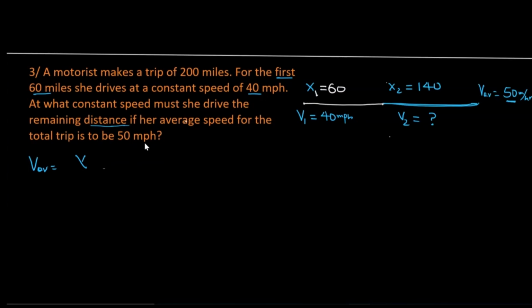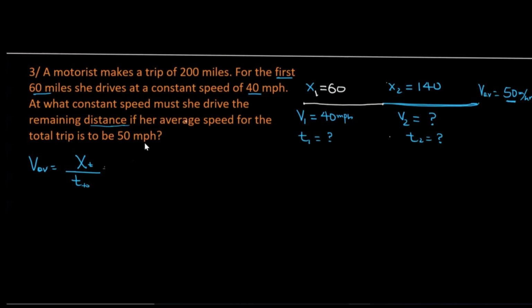x total over time total. The total distance covered by the motorist over total time is going to be the average speed. The average speed is known, and I know the distances, but I don't know the times. So t1 is unknown, which I can find from the first trip, and I don't know t2, how long it's going to take for the second.